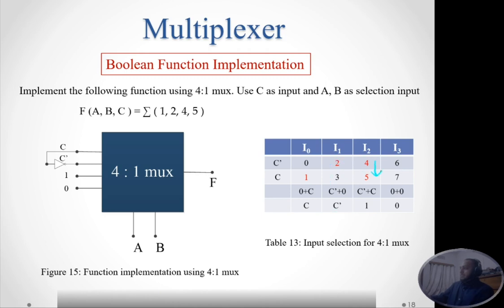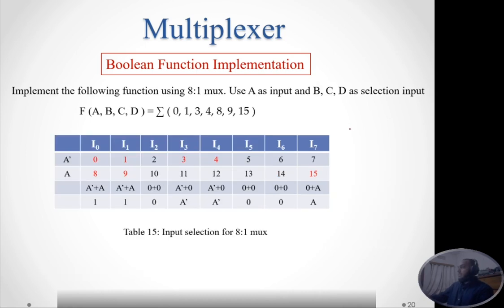In the third column we have 1 in both positions, so we will write C prime plus C equals to 1. And in the fourth column we don't have any 1 in any of the positions, so we will take 0 plus 0 equals to 0. So these are our 4 inputs of the 4:1 mux using C.